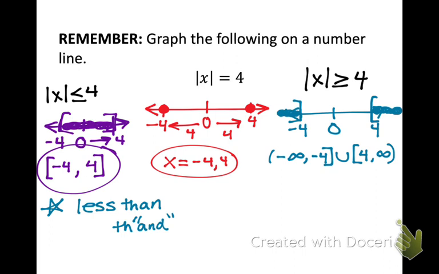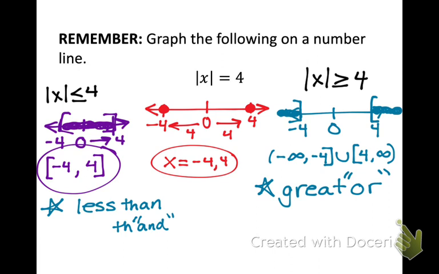Over on this side, put a little star. When we have greater, think of it as greater. And those would be the or inequalities, which is everything on the outside. So if you're less than, it's an and compound inequality. If you're greater, it's an or compound inequality. So you're going to hear me emphasize those words when we go through and do these practice problems.